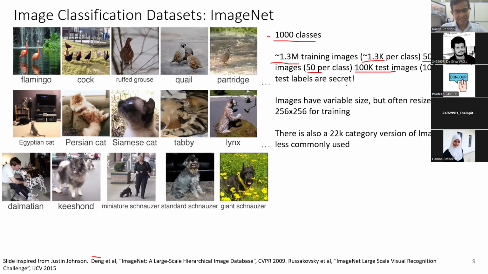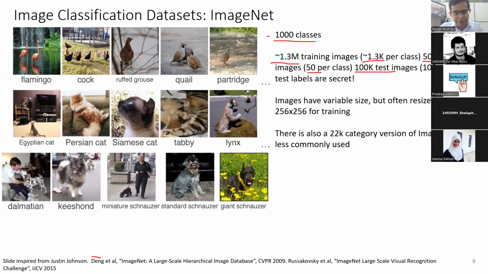Test labels are secret. So what is the difference between the training set, validation set, and the test set? We train the classifier on the training set and we validate to fine-tune the hyperparameters. We will look at some hyperparameters today. We tune them on the validation set, and then the test set is actually hidden.